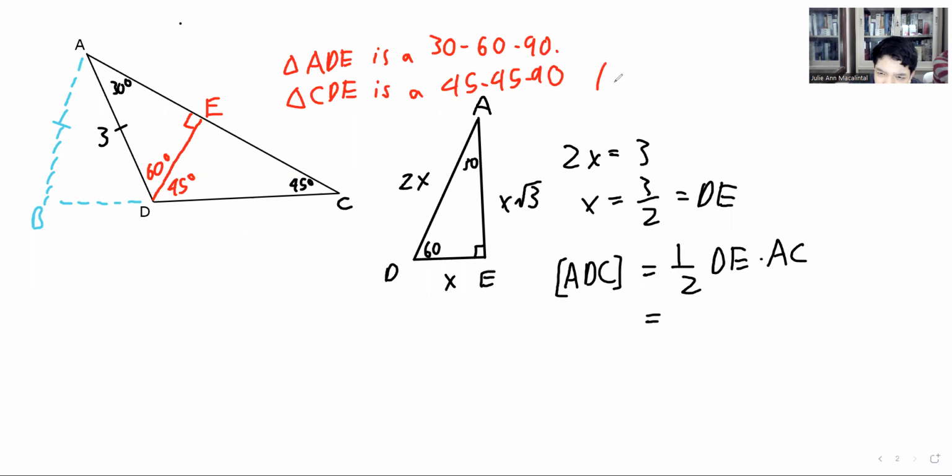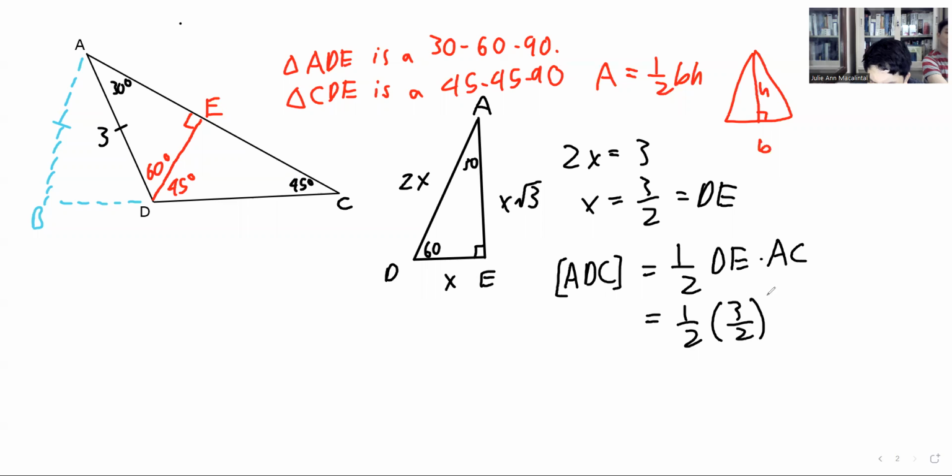The area of the triangle is 1/2 bh. 1/2, 3 halves, so we need to find AC.